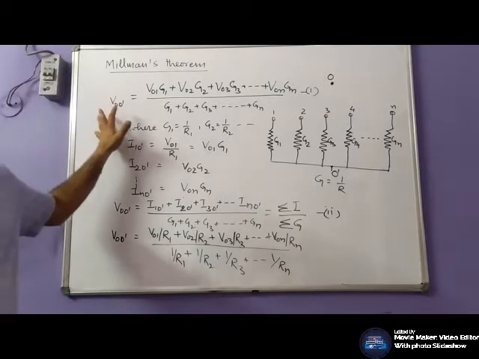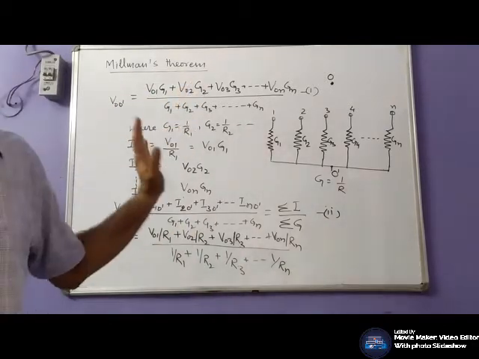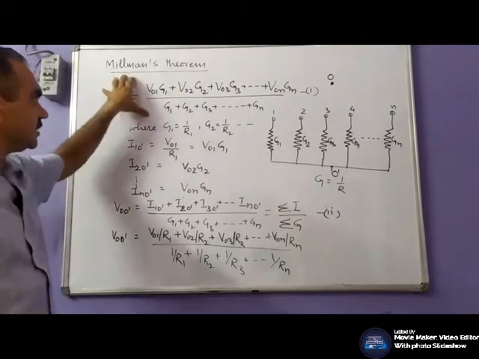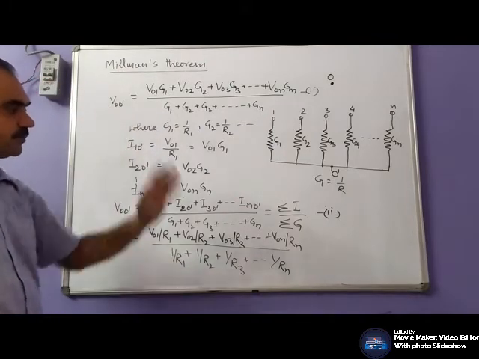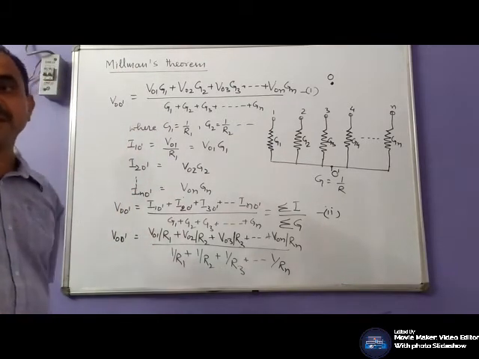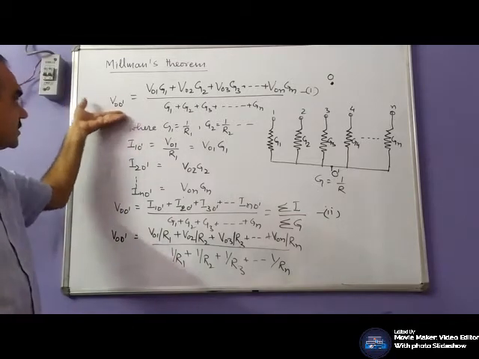So this is the statement of this theorem. Okay? By this theorem we can find out the open circuit voltage directly. Let us explain how we will get this equation.